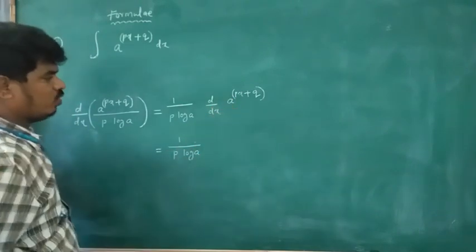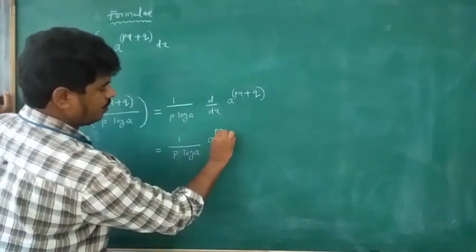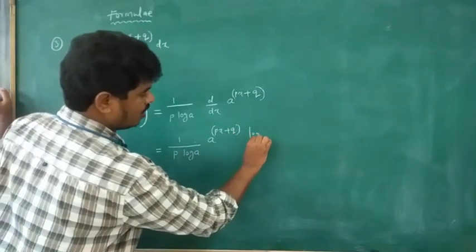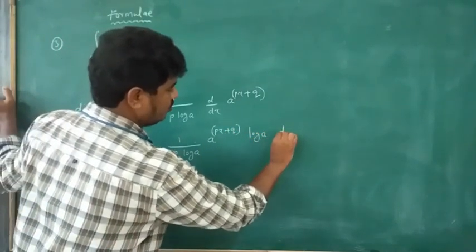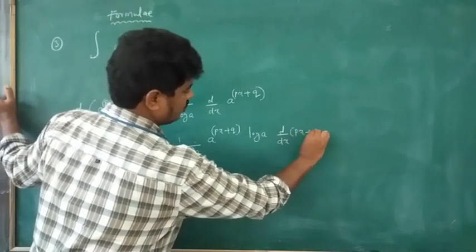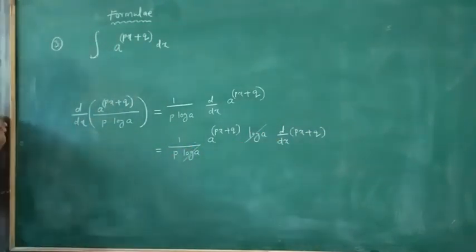What is the derivative of a to the power of px plus q? That is a to the power of px plus q into log a into d by dx of px plus q. So here you can cancel this log a, log a.